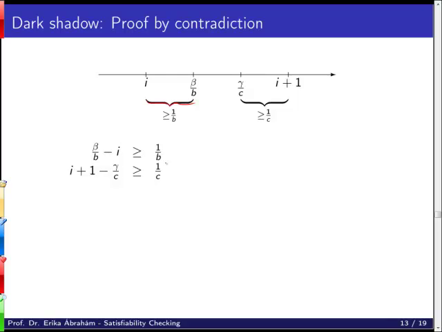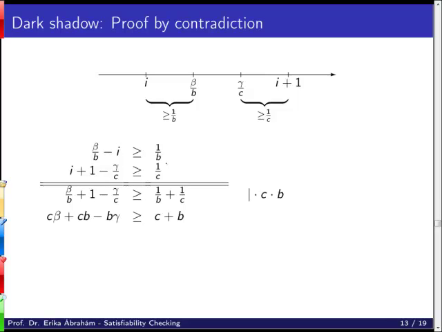Now I have some reformulations. First I add up these two inequations. Then I reformulate it by removing the fractionals, so multiply by c and b. It is just normal computation.